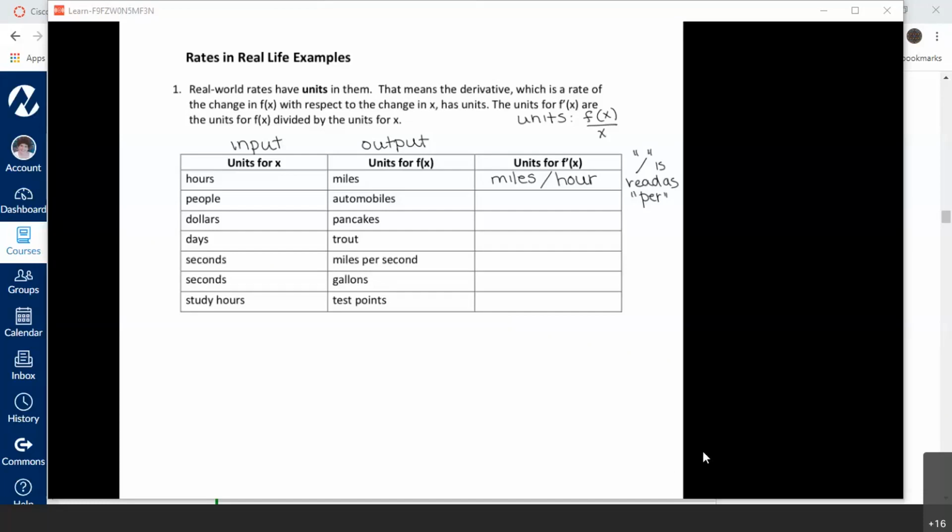So let me ask you, and either type your answer in the chat if you're comfortable doing that, or say it out loud: what are the units in the second row for f prime of x?